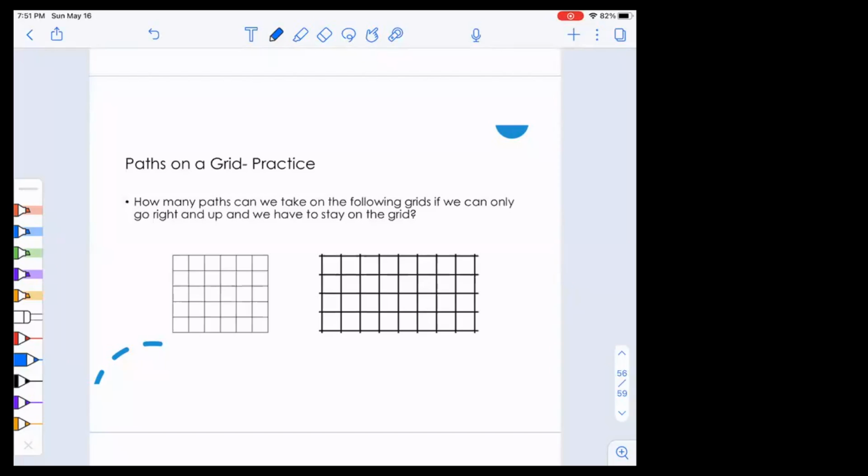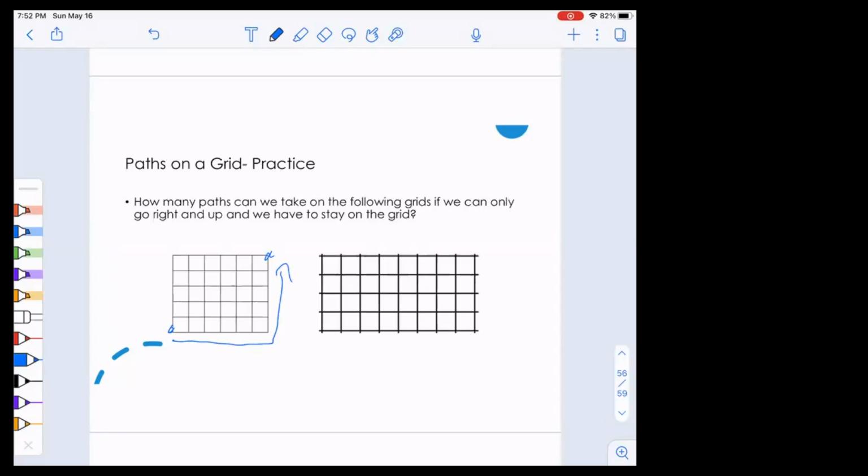All right, so I'll go over these right now. These are relatively easy once you understand them. First, we need to know how many blocks you have to walk to get to the end. For the first one, we're going to walk 11 blocks to get to the end. There are 5 up blocks and 6 right blocks. So we're basically picking 5 of them to be up.